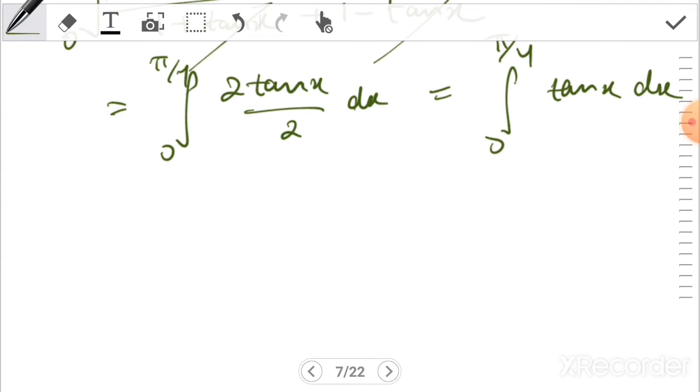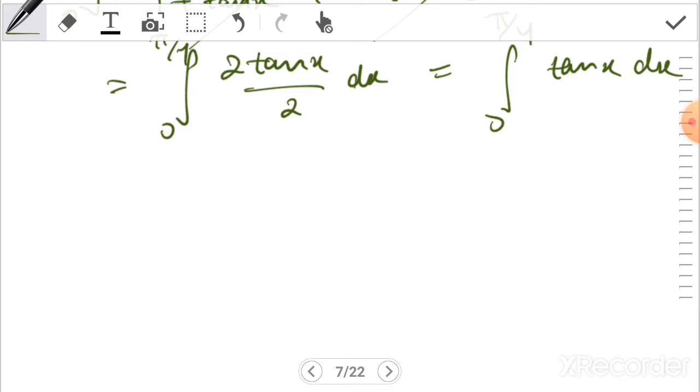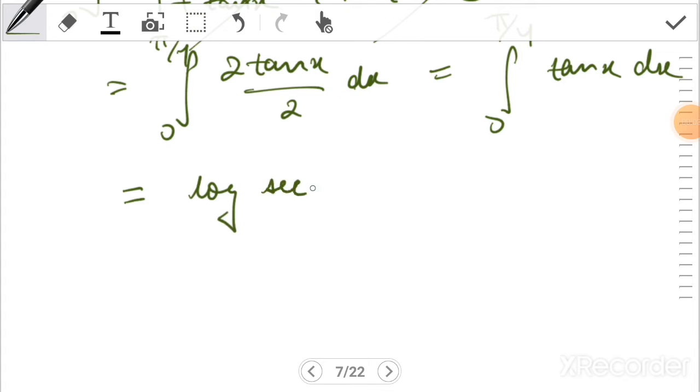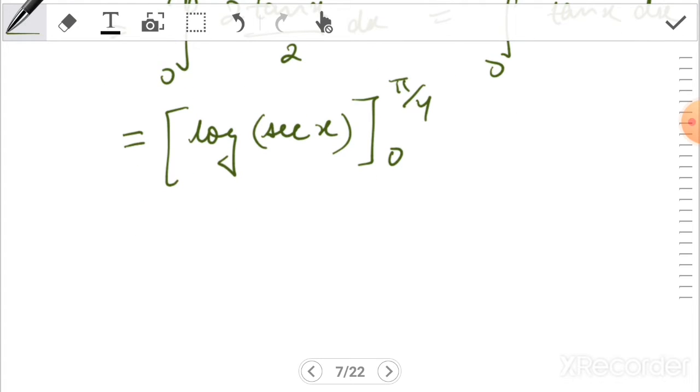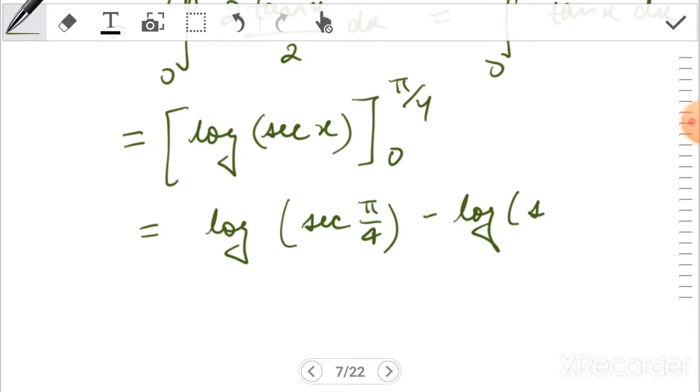And we know that integral of tan x is log of secant x. So log of secant x from 0 to pi by 4. So this is log secant pi by 4 minus log secant 0.